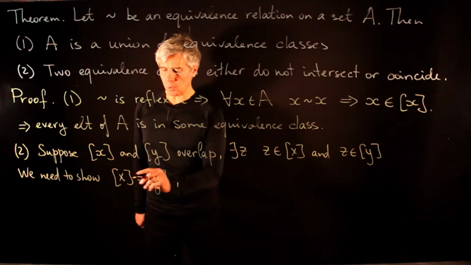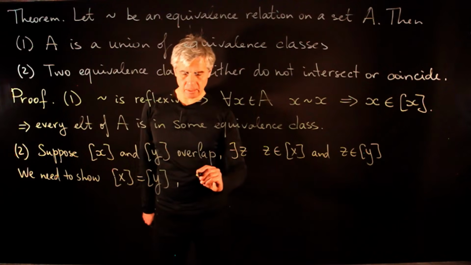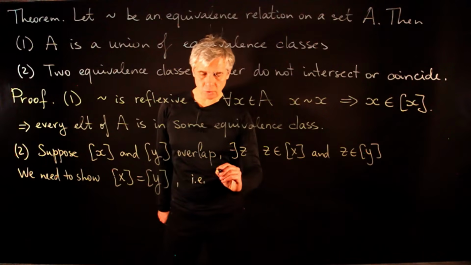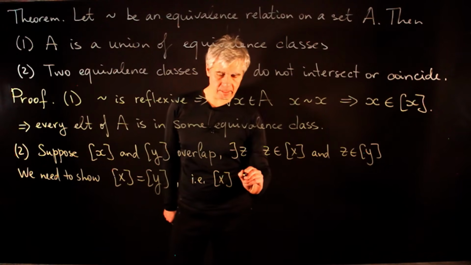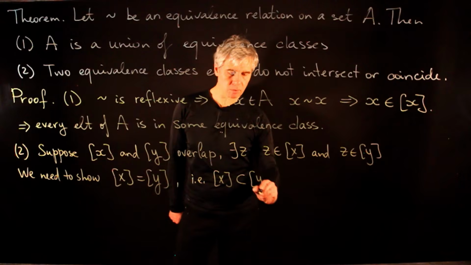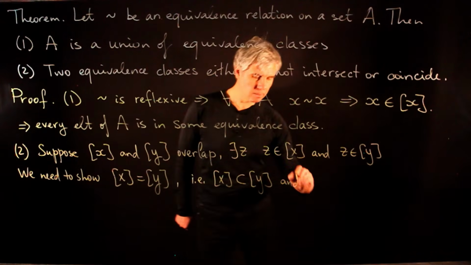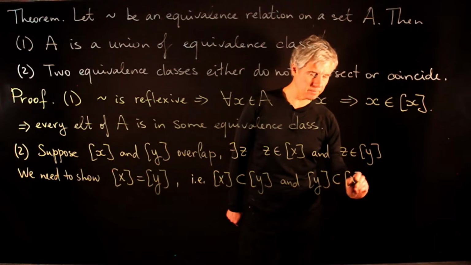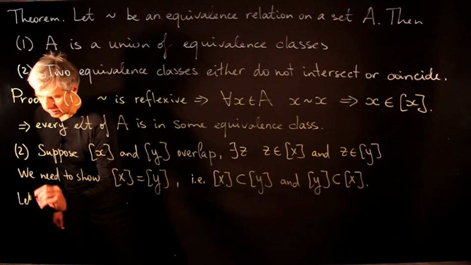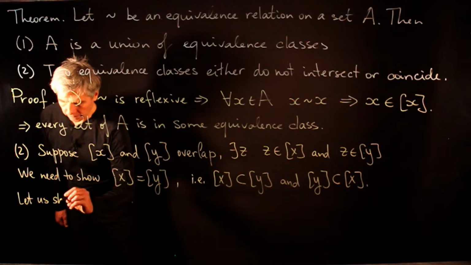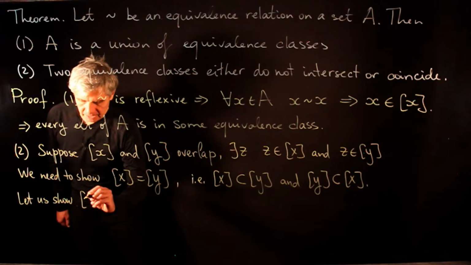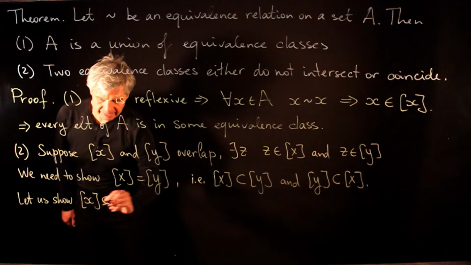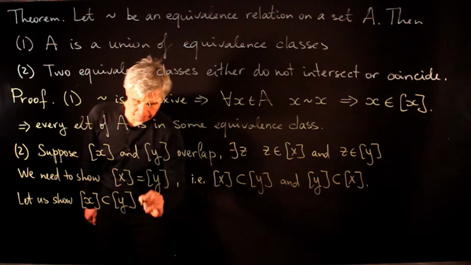And how do we show equality of two sets? We need to show that equivalence class of x is inside equivalence class of y, and that equivalence class of y is inside equivalence class of x. Let us show that equivalence class of x sits inside equivalence class of y.